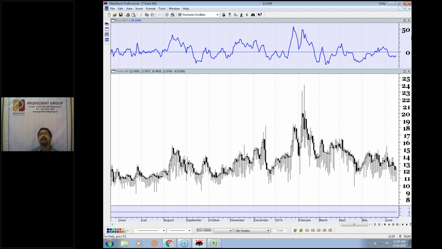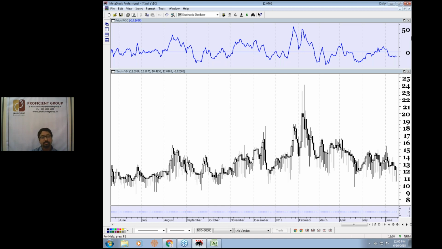So how the Chicago Board of Exchange actually calculates VIX, their trademark index, is not exactly disclosed. We do not exactly know what their specific calculation technique is, but we do know certain principles that they follow in the calculation. And what is that?